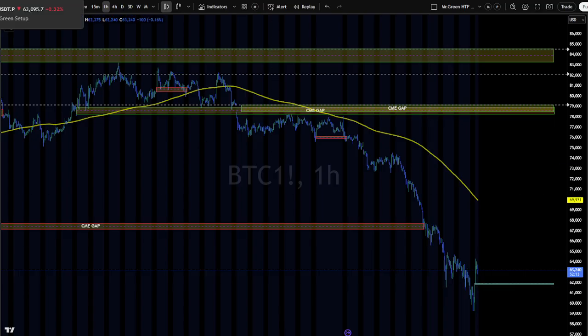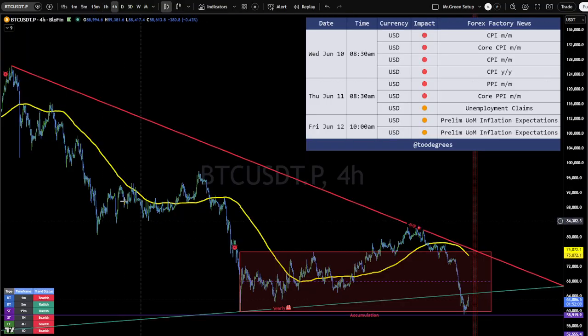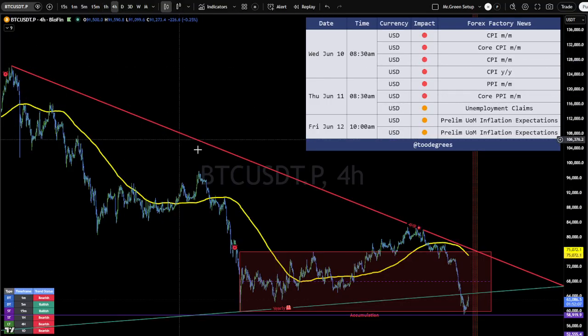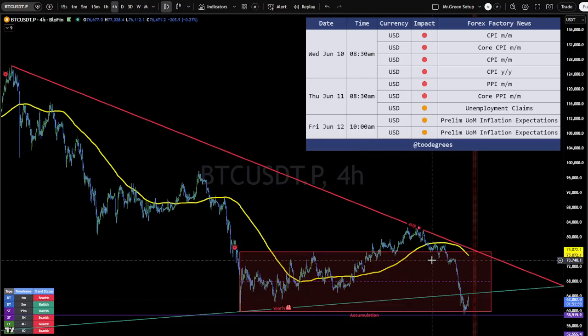Let's see, when we put the trend lines on, we have a long running trend line for our price action. Price bounced down under the 200 MA.